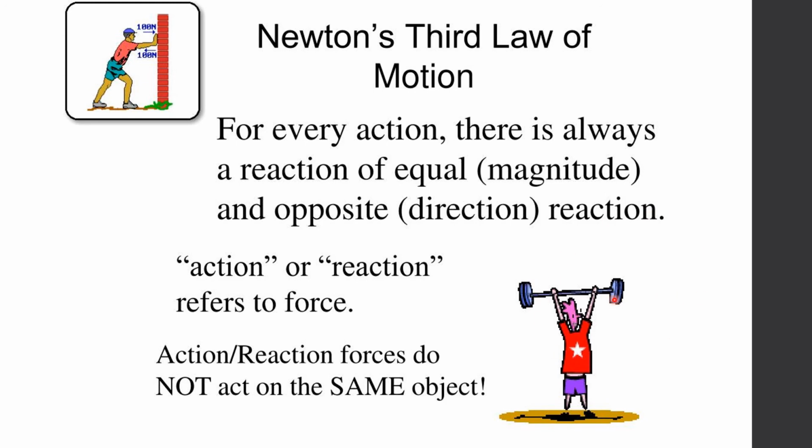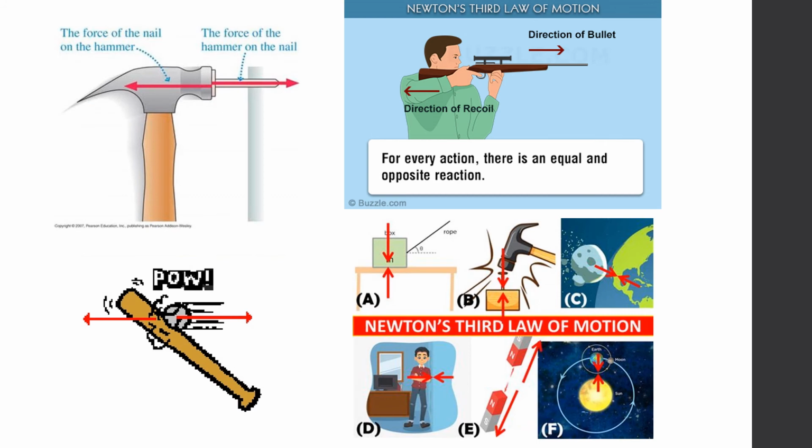Here naman, sa picture na to, this person is pushing the barbell upwards, but the barbell is exerting a force of gravity downward, or its weight. So here, other examples, the force of the nail on the hammer, and then the force of the hammer on the nail.